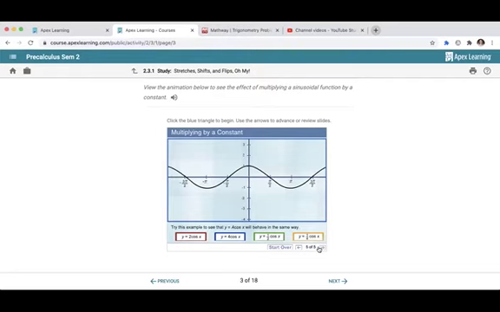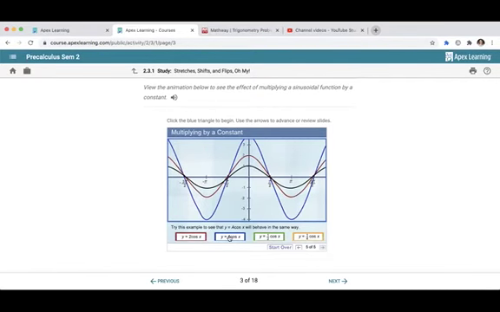So then, is it going to be the same thing for cosine? Hopefully you're already saying it in your head. Yeah, duh. It's going to follow the same patterns. If I have a number greater than 1, it's going to be a stretch.